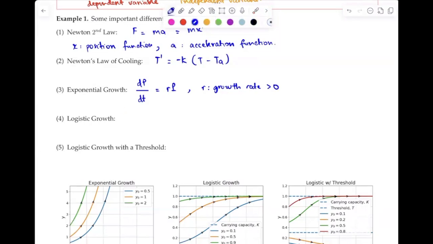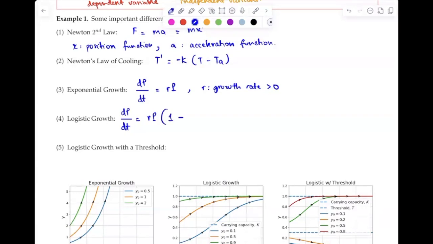And the model has the form dP/dt equal to r times P. Originally, the first few values of time t will behave very similar to exponential growth, but eventually when you let t go to infinity, it will reach something called the carrying capacity.